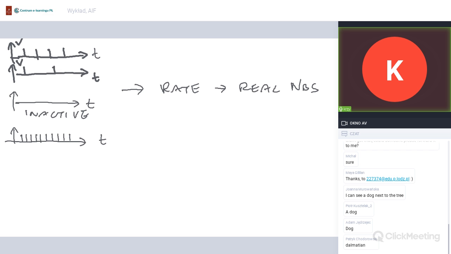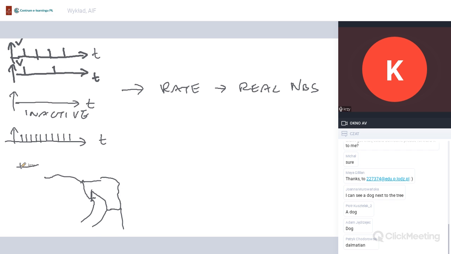Instead of trying to emulate a neuron that has at its inputs trains of pulses at different rates, I will just assign real numbers to the inputs. So here I say, this is my input x1, and at this input I will have a particular value that encodes the activity of the neuron attached to this input.